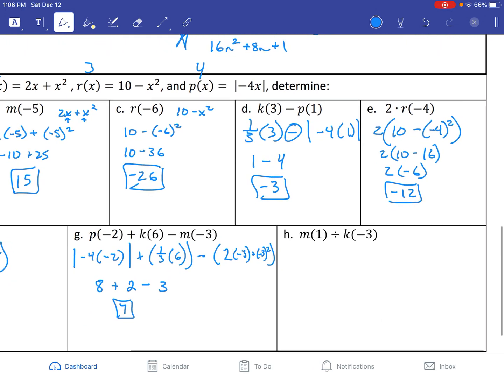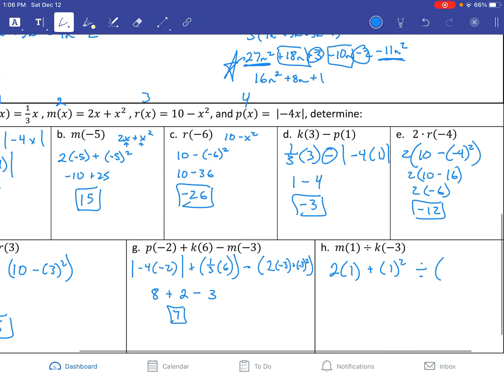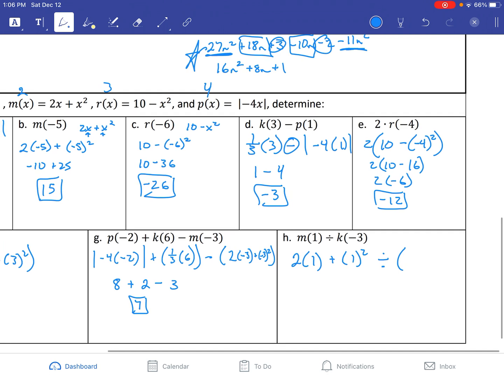Last one, we have M, which is 2 times 1 plus 1 squared divided by k of negative 3, sorry. So we have 1/3 of negative 3.